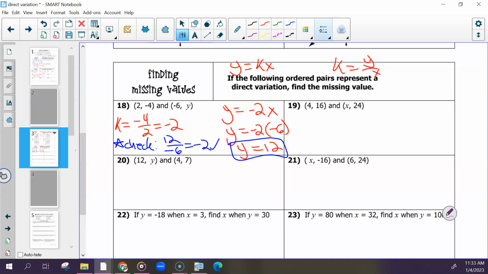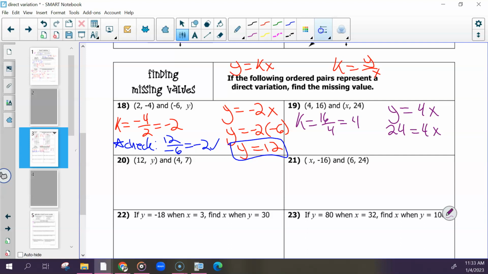Okay. Start the same way. The numbers you have, find your k. So 16 divided by 4. Take that k value, put it in your equation. Y equals 4x. Look at what you're given. Now you're given y, and you don't know what x is, so put 24 in for y, and solve for x.